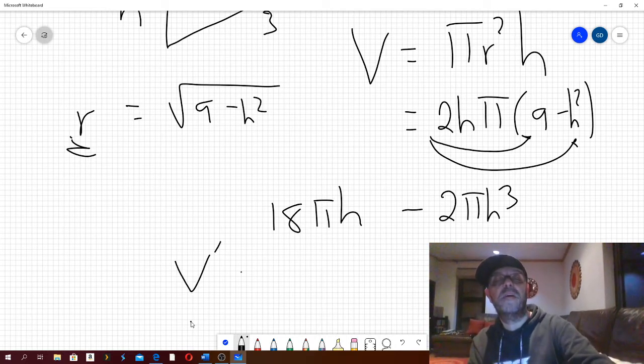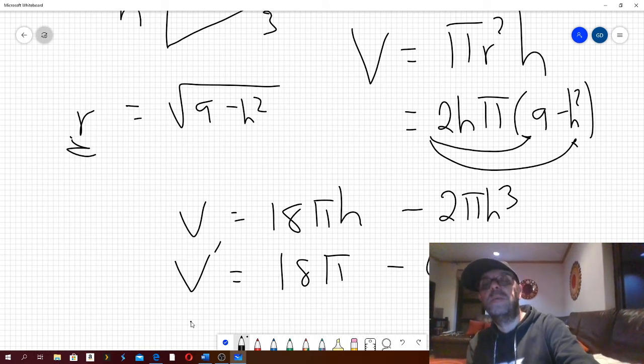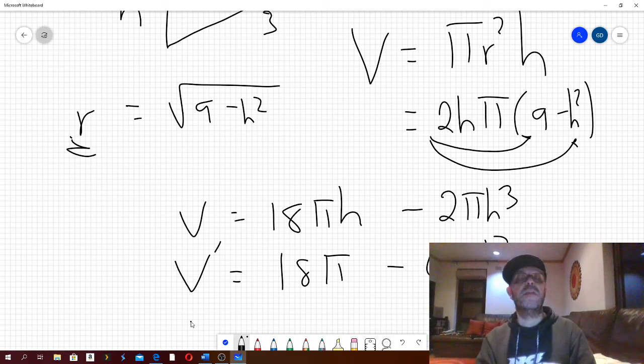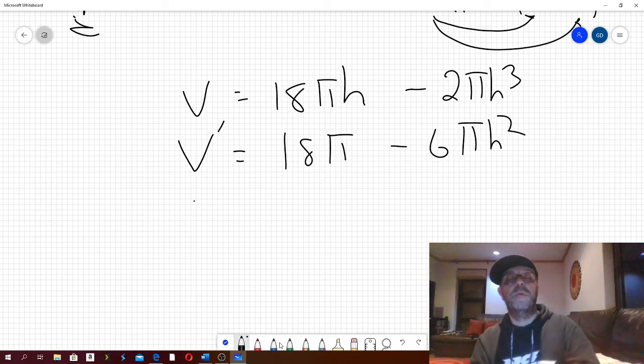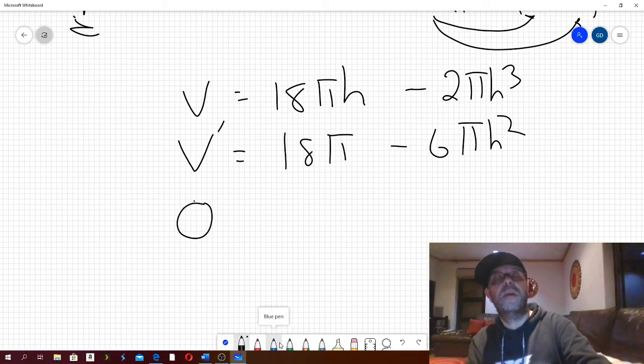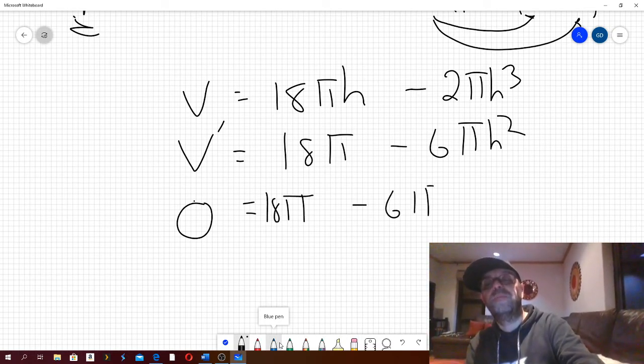Deriving that, I'll get 18 pi, and I'll get minus 6 pi h squared. Okay, and of course we've got to set that to 0, and so we'll make that equal to 0, and then go and solve for the h.